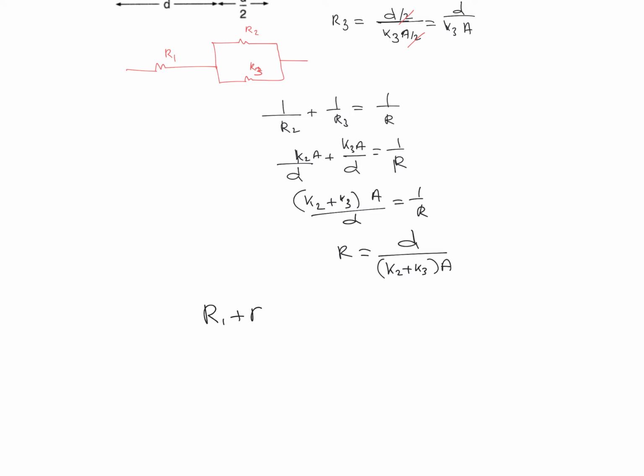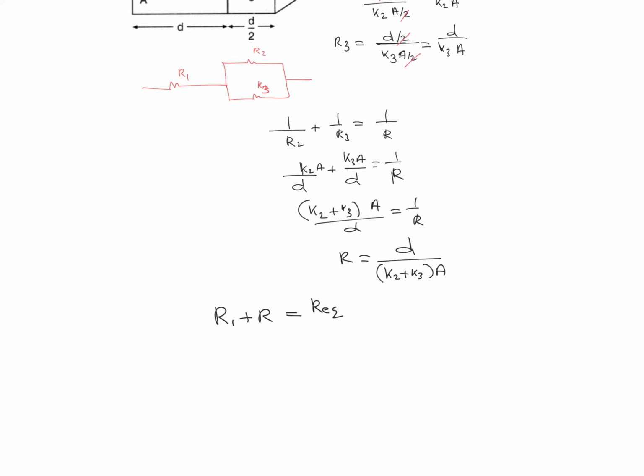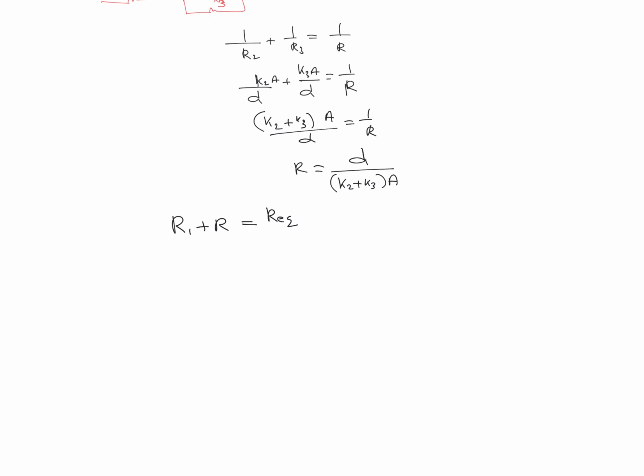So R1 plus R is the equivalent resistance. The value of R1 is D divided by K1A, so D divided by K1A plus D divided by K2 plus K3 into A is equal to the equivalent resistance of the combination.